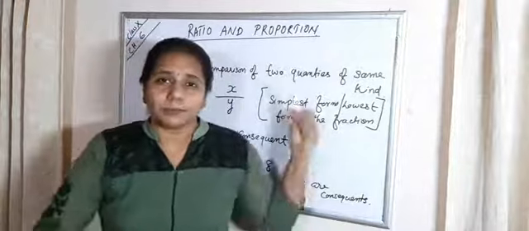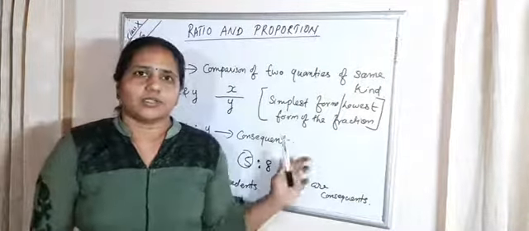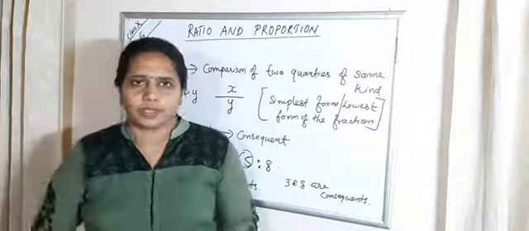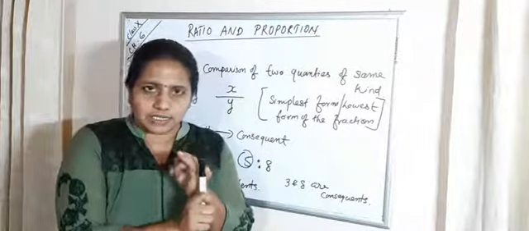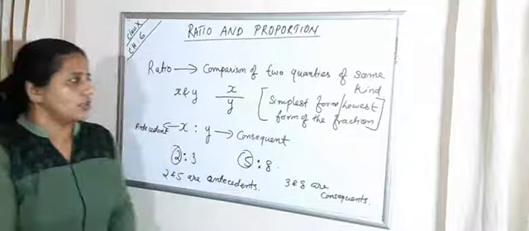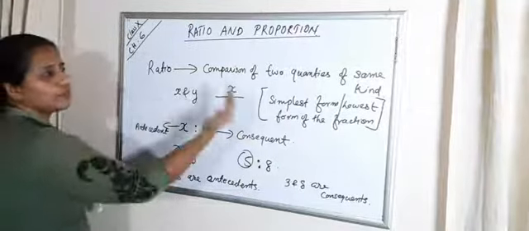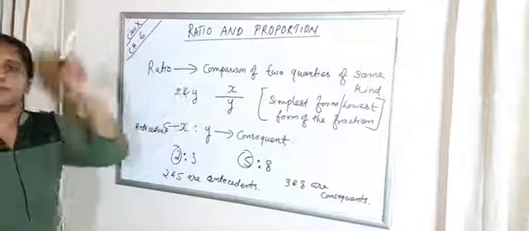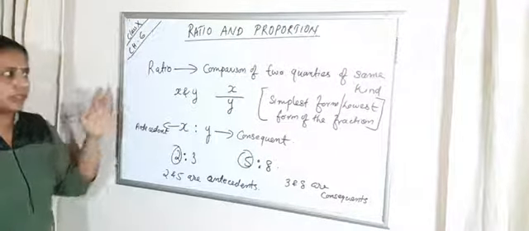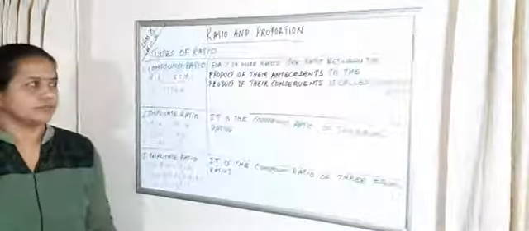So these are the main things you have to remember in this ratio part. Ratio's form is x by y, x is the antecedent and y is the consequent, and it is the simplest or lowest form of a fraction. Okay, take your book and note it down.